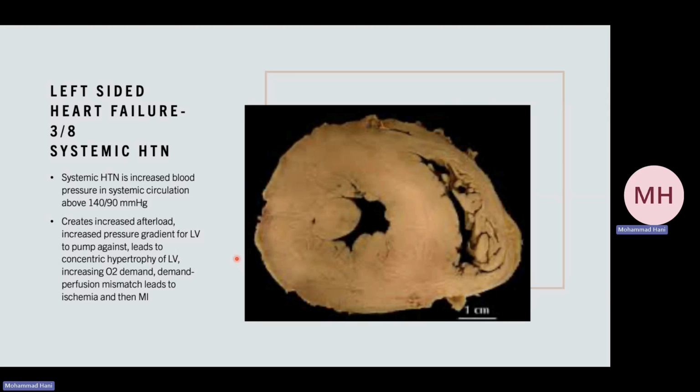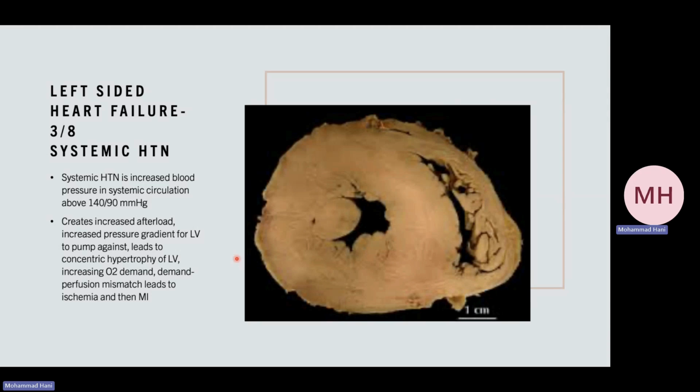Because of this left ventricular hypertrophy, you have more demand. If you have the same perfusion rate with increased demand, you're obviously going to have a demand perfusion mismatch, which can lead to ischemia and then obviously myocardial infarction. And then myocardial infarction gives rise to areas of focal whitish akinetic regions in the myocardium.